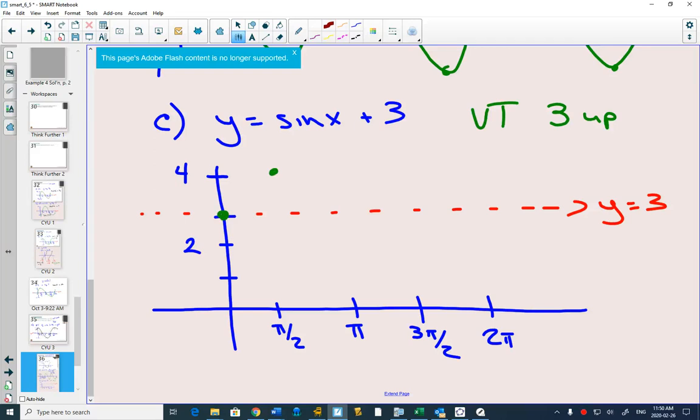So next, maximum, center line, minimum, center line. Which is just our parent graph. Oh, no arrowheads. Remember, this one stopped at 2 pi and stopped at 0. So this is where the graph begins and where the graph ends.